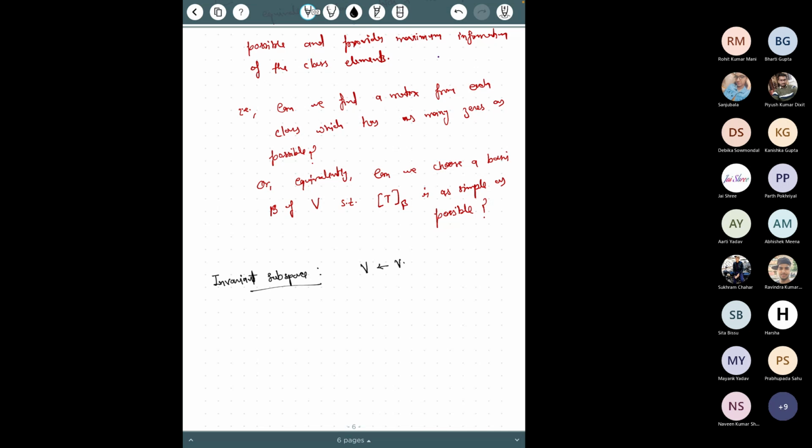Suppose that we have a vector space V. Assume that we are talking about finite dimension only, because we are talking about eigenvalues and eigenvectors. So we'll restrict ourselves to finite dimensional vector spaces for this chapter. Okay. So suppose that we have a finite dimensional vector space and we have a linear operator T on this V.